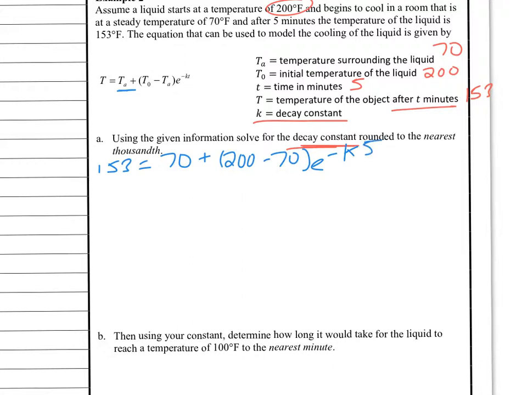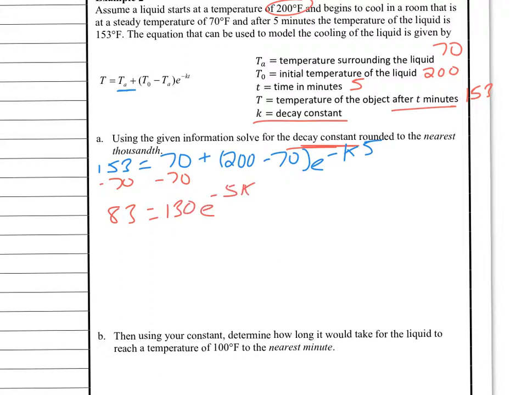Nobody really writes negative K5, so we'll switch that to negative 5K after we do some work. So, first things first, I'm going to subtract the 70 over and get 83. And I'm also going to do the 200 minus the 70 to get 130. And then I'm going to change it to negative 5K.